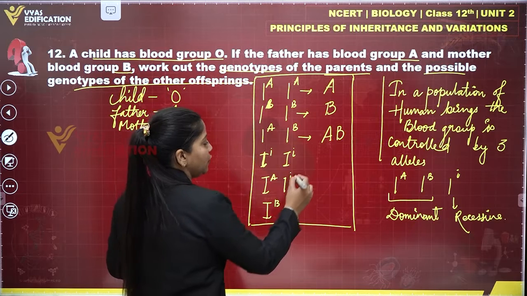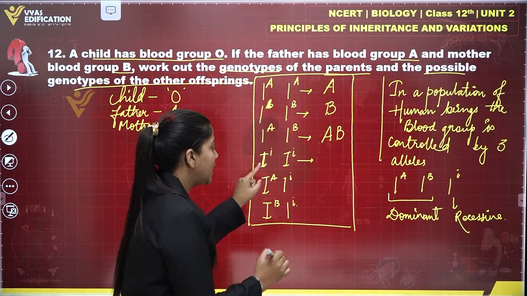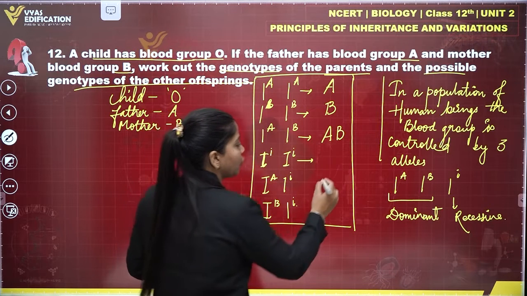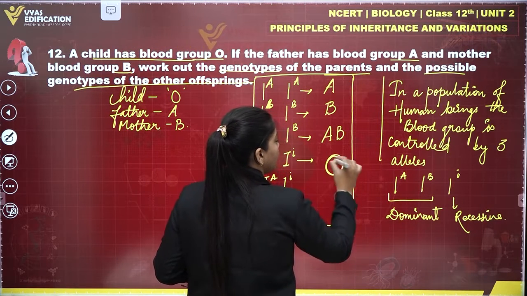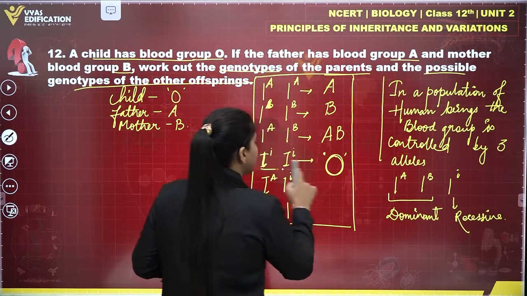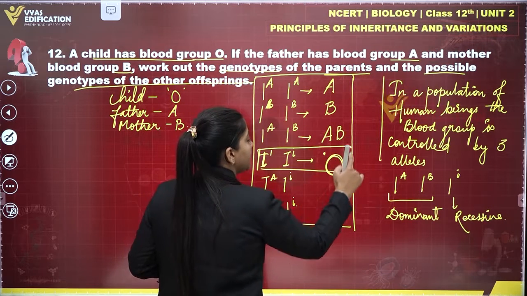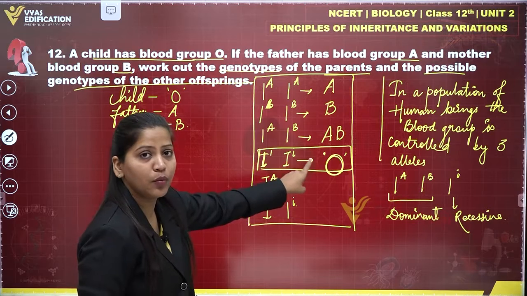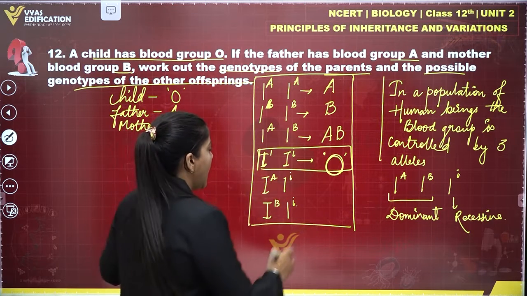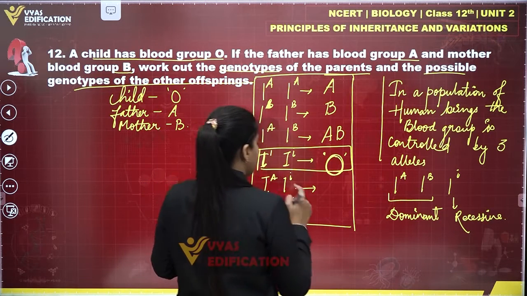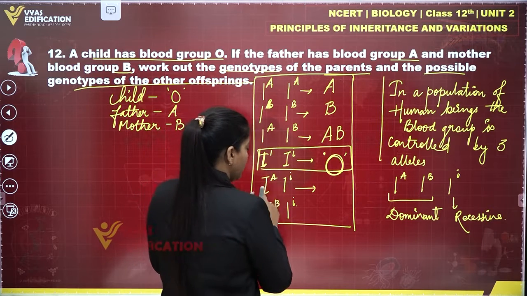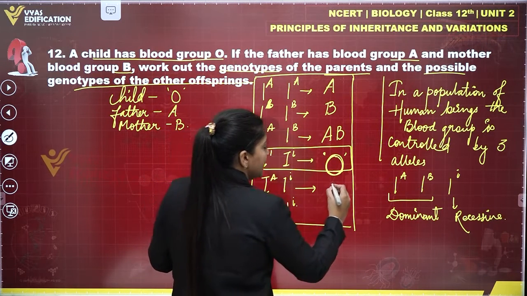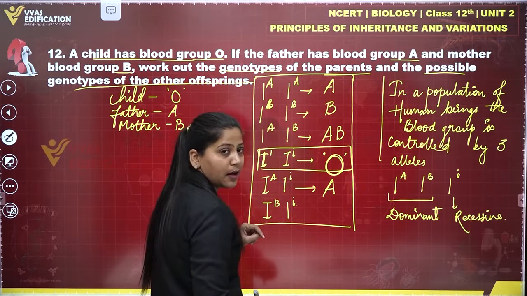If an individual has i i, the blood group will be O, because this is the recessive condition. In the next case, if an individual has IA and i, the blood group will also be A.